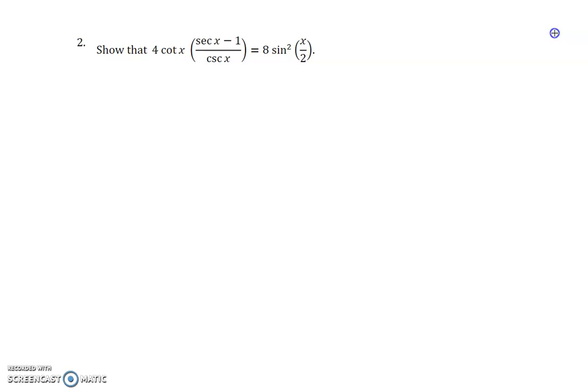The right hand side here is actually the half angle formula. Never mind, I will write the half angle formula for you.